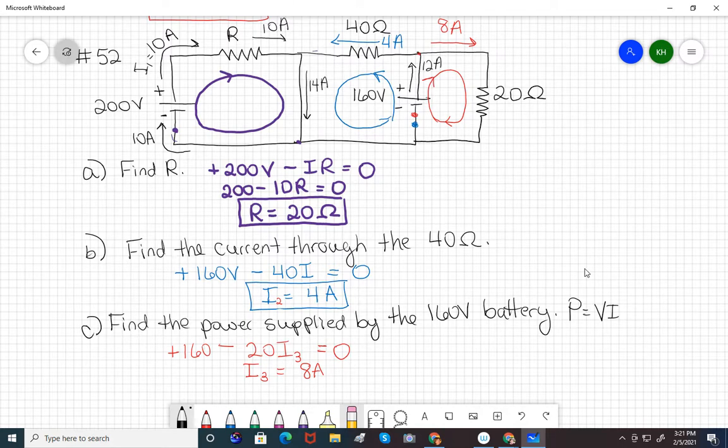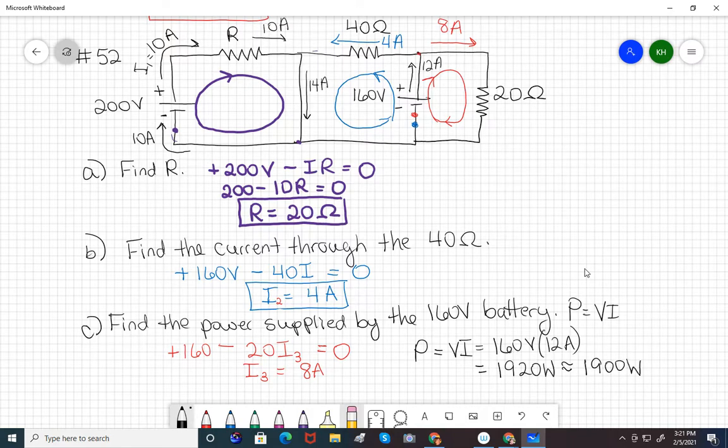So the current through that battery actually has to be 12 amps. So when I do VI, I get 160 volts times 12 amps is 1920 watts. Or since we probably have 2 significant digits at the very most, I'll put 1900 watts.